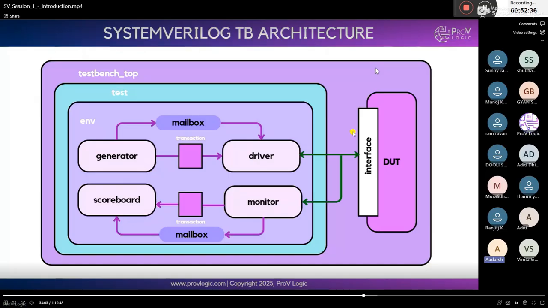The DUT is static in nature, and we have the interface because it converts packet level data to pin level data. Should I explain the functionality of each box? Yes. Like generator generates the stimulus. Can anyone explain other than Adarsh?